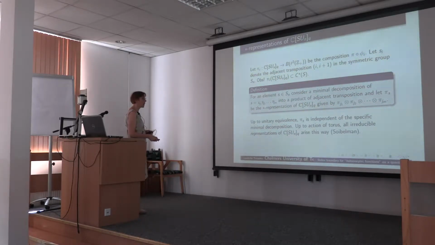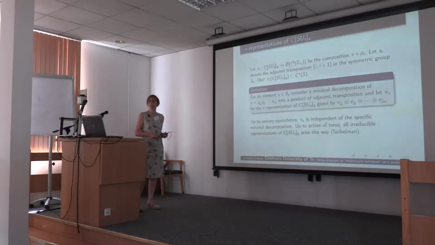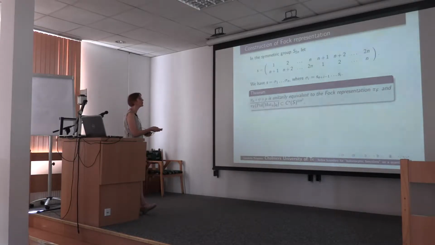And the result of Soibelman says that up to unitary equivalence, this π_s is independent of the specific minimal decomposition, and up to the action of the torus, these are all the irreducible representations of this quantum group. So it is a very nice description that one can work with.